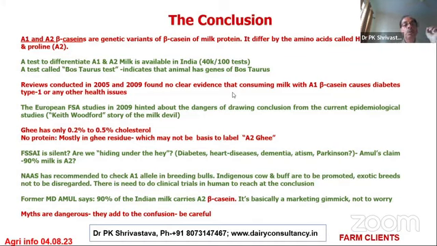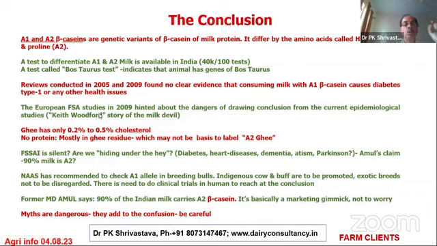The review concluded that in 2005 and 2009 there was no clear evidence that consuming milk with A1 beta casein causes type 1 diabetes or any other health disease.